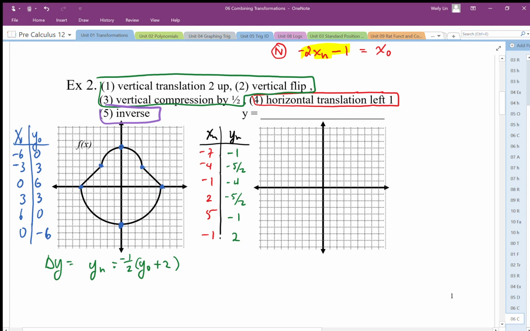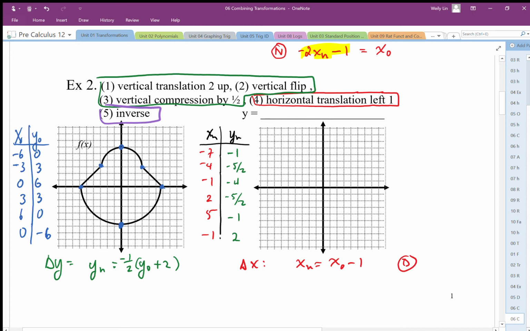So the change in x is going to be x minus 1. This is my description, so I need to undo this once I put it into my notation. Oops, so it's going to be the other way around. It's going to be x minus 1. So I'm going to undo this to put into my notation. I'm not going to bother doing that yet. I'm going to do my transformation first.